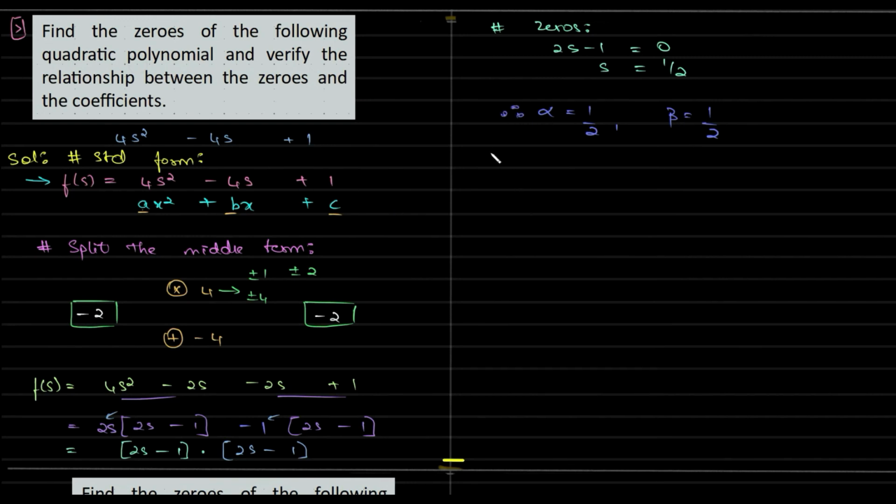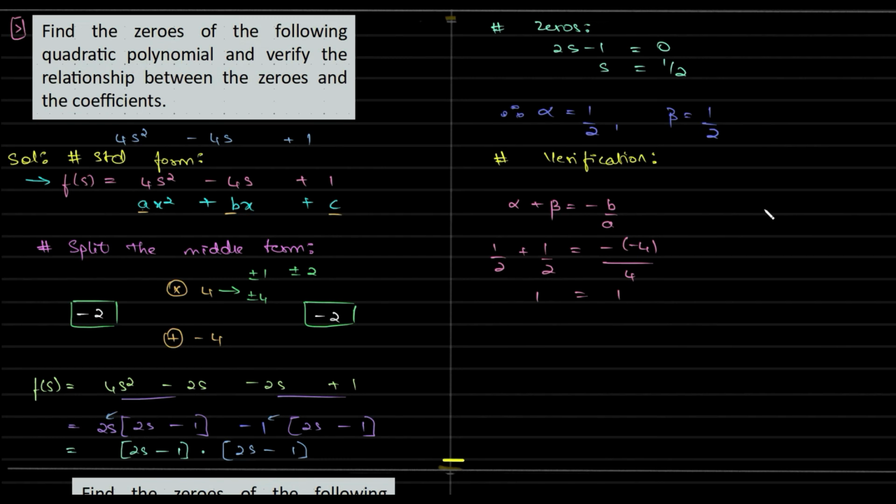Okay, so now we have the verification part. Verification is to do with proving alpha plus beta is equal to minus b by a. So that's the first thing. Alpha is half, beta is half, and b in this case is minus 4, and a is 4. Half plus half is 1, minus of minus 4 is plus 4, and plus 4 divided by 4 is 1.